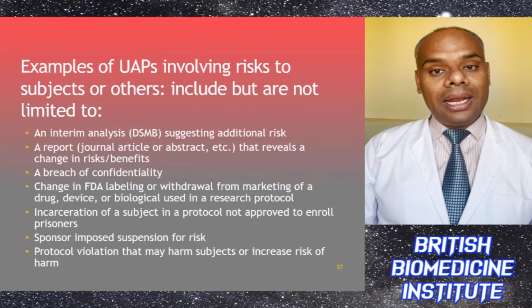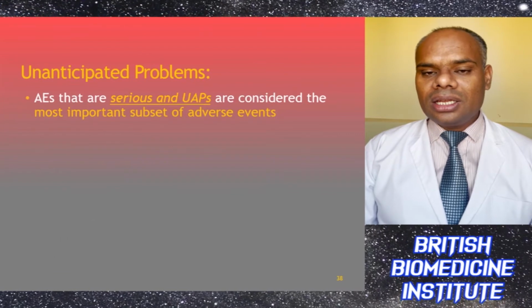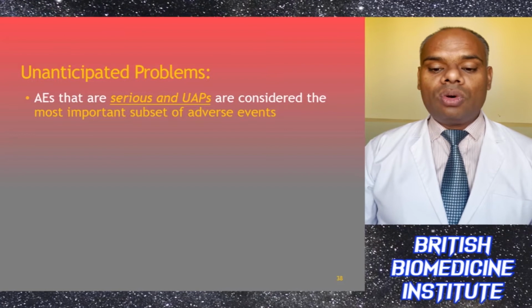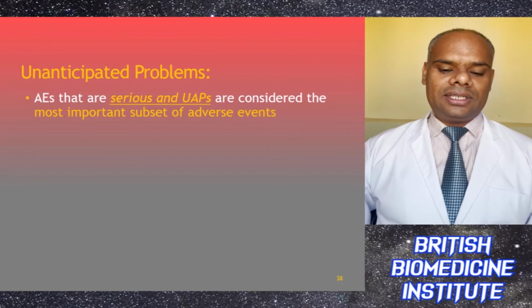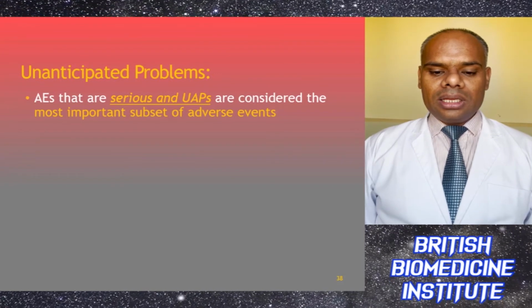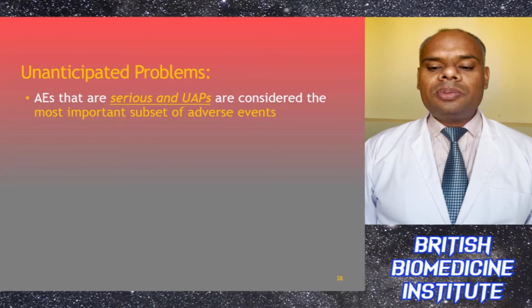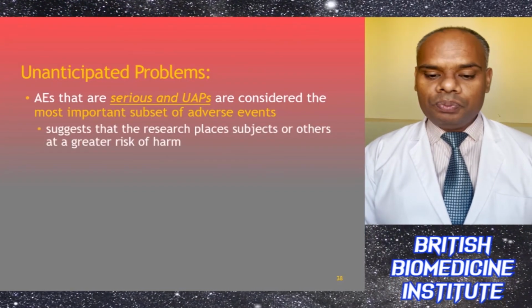So under unanticipated problems, basically adverse events that are serious and UAP, unanticipated, are considered the most important subset of adverse events. Basically, it suggests that the research places subjects and others at a greater risk of harm.